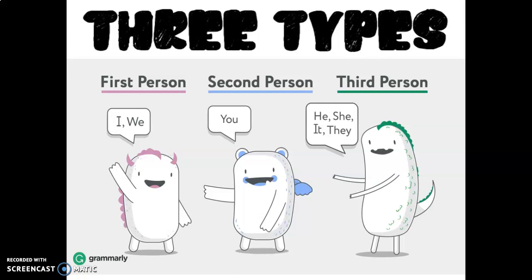Third person is another type of writing that we often see in novels or writing. We see the pronouns he, she, it, they. In this case, the person who is telling the story is not the person that is actually experiencing the story.